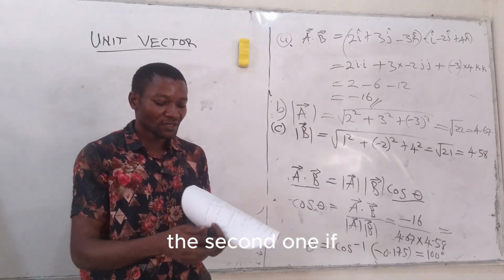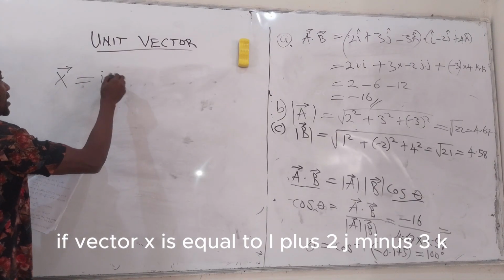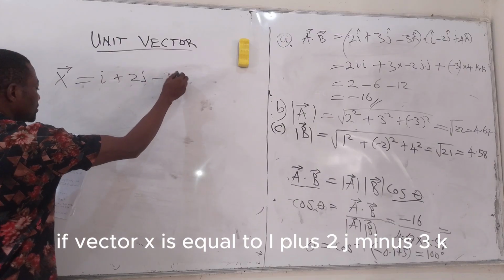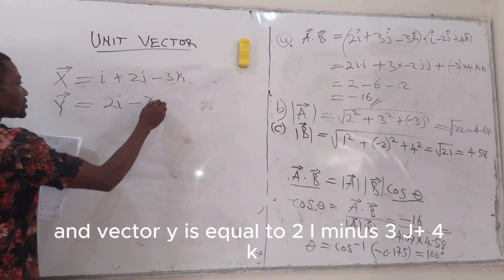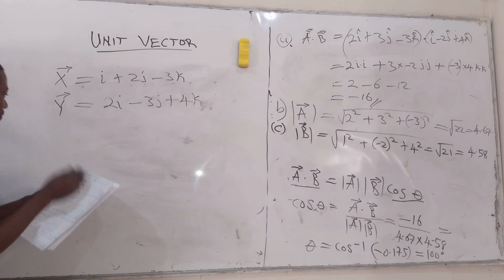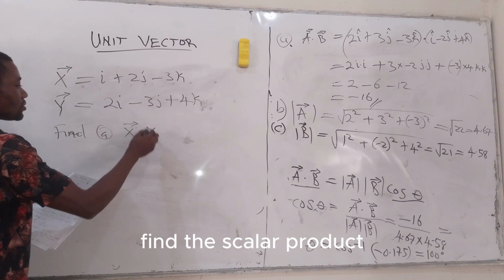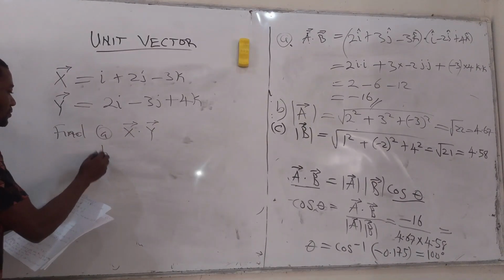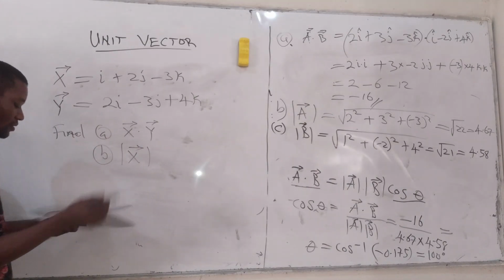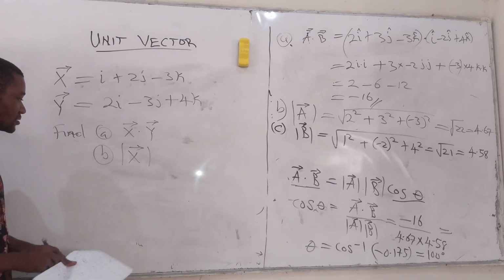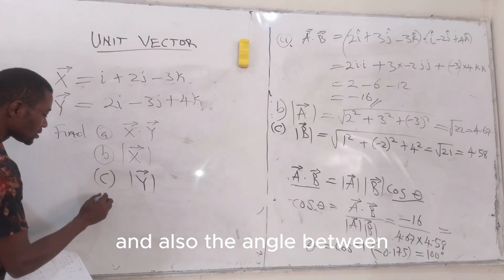The second one: if vector x is equal to i plus 2j minus 3k, and vector y is equal to 2i minus 3j plus 4k, find the scalar product, find the magnitude of x, the magnitude of y, and also the angle between.